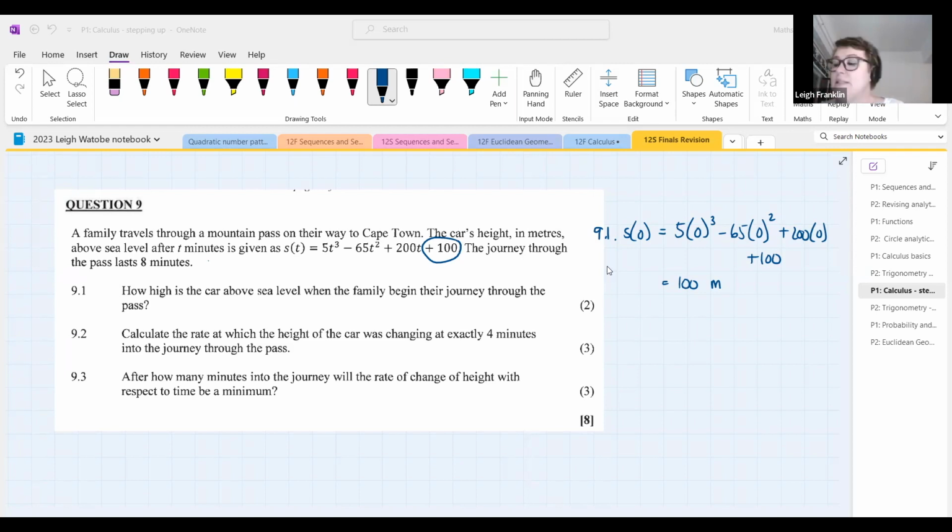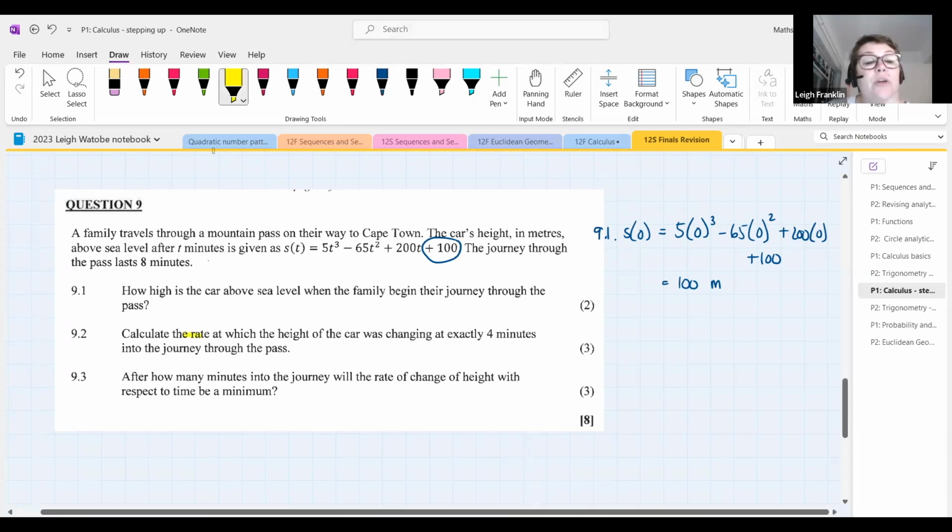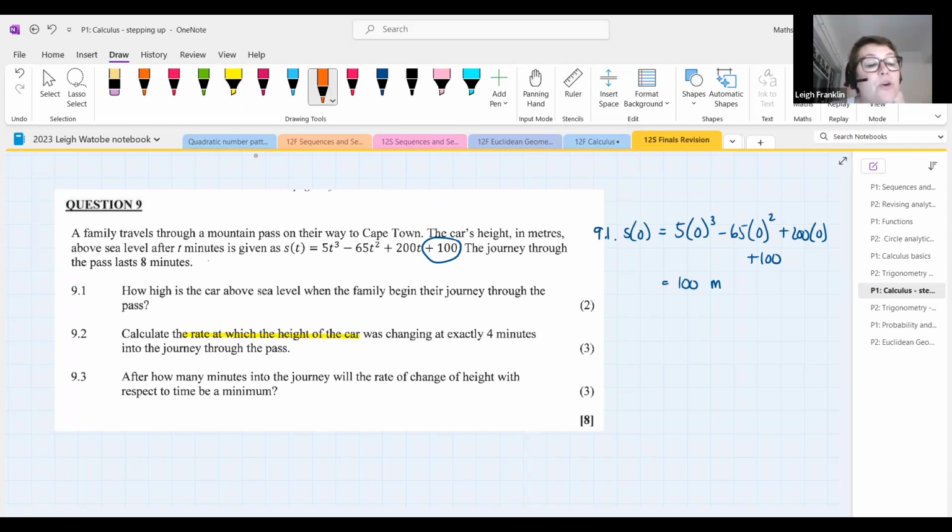Okay, so for question 9.2, the rate at which the height of the car was changing refers to the first derivative.